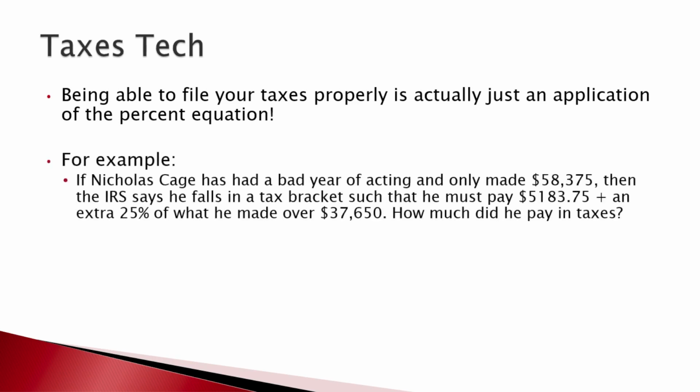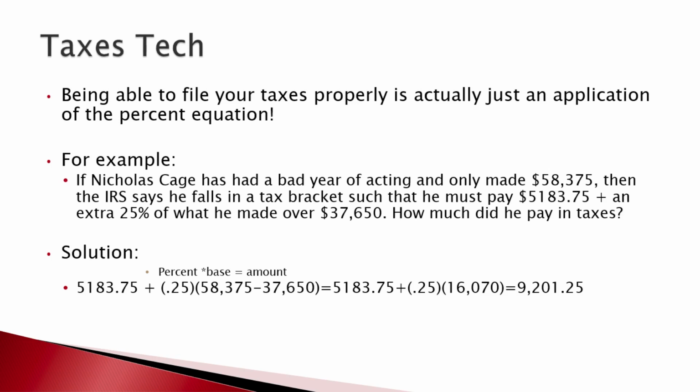For example, if Nicolas Cage has had a bad year of acting and only made $58,375, then the IRS says he falls in a tax bracket such that he must pay $5,183.75 plus an extra 25% of what he made over $37,650. So how much did he pay in taxes? Well, let's find out.